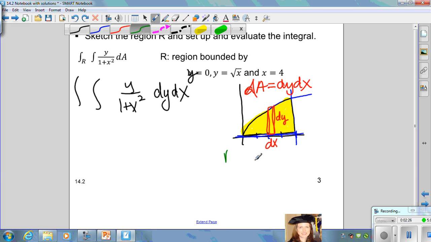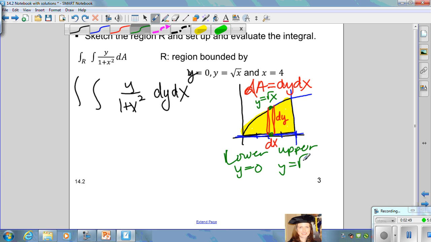For the vertical bounds, your lower bound would be the bottom of the rectangle, y equals 0. The upper bound is the top of the rectangle, y equals square root of x.